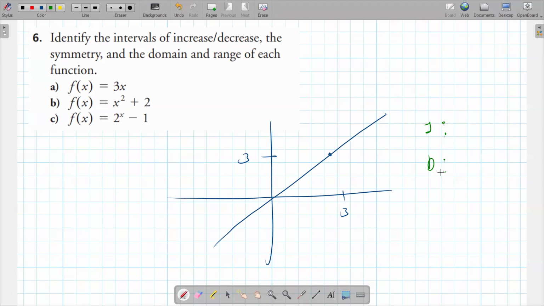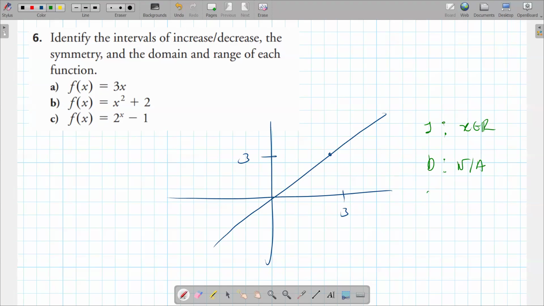Is it decreasing anywhere? No. Where is it increasing? Everywhere, right? It's increasing everywhere, x in the real numbers. Where is it decreasing? Nowhere.